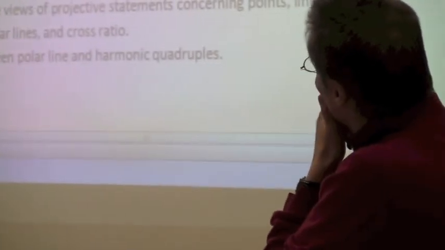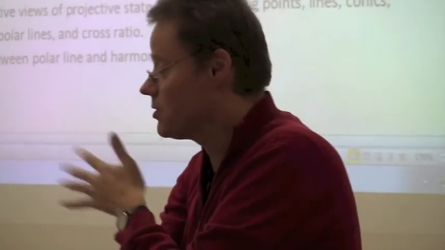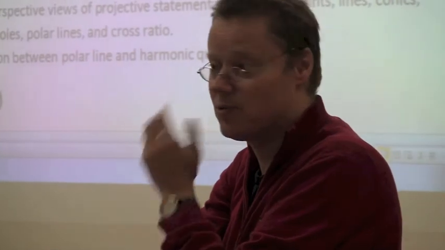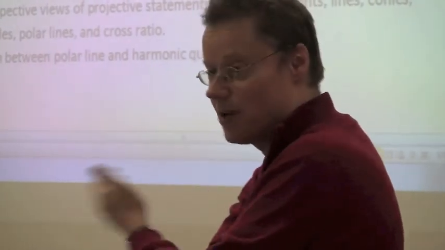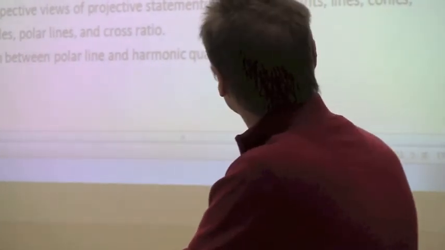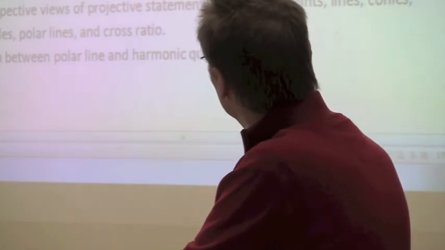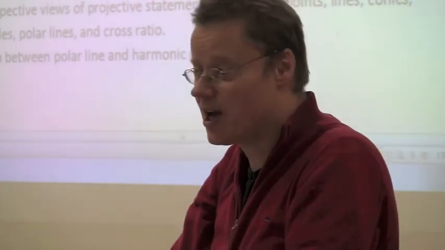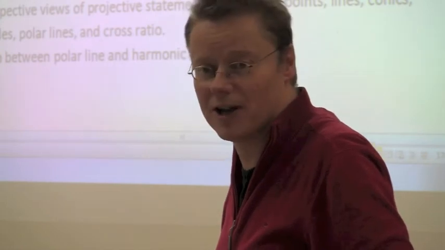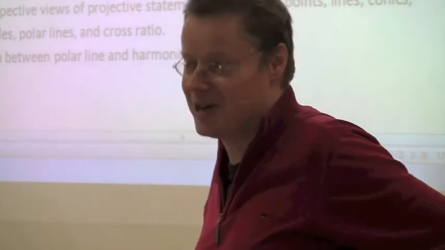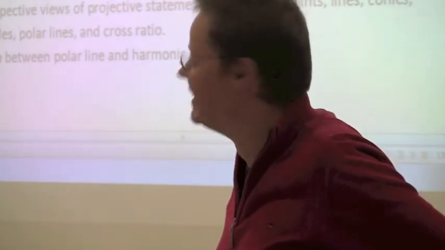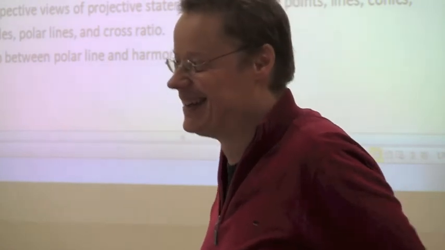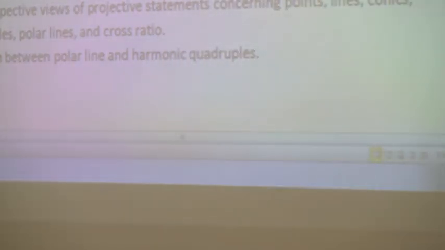Harmonic quadruples, you asked about it, we will look at that. Conics is something which I think is not in Stillwell. Quadratic equations: ellipses, hyperbolas, parabolas. The important thing is that you know that there are interesting conics and uninteresting conics. You can Google that.